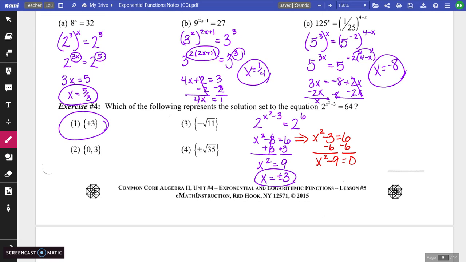Because remember, if you're going to factor, you need to be equal to 0. And then this is a difference of squares pattern. So you're going to have an x plus 3 and an x minus 3. Set them equal to 0, solve, and you get the same thing. Okay, so whichever way you choose to solve is fine. Factoring on this side, and on this side we used square roots.